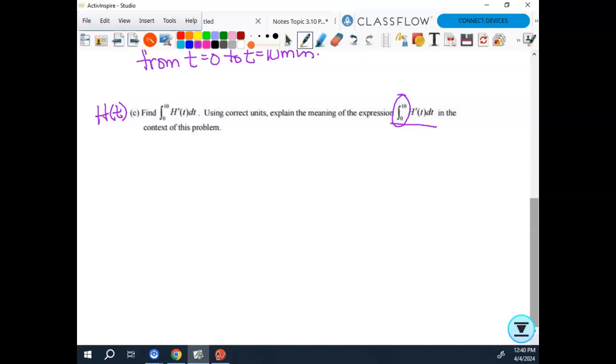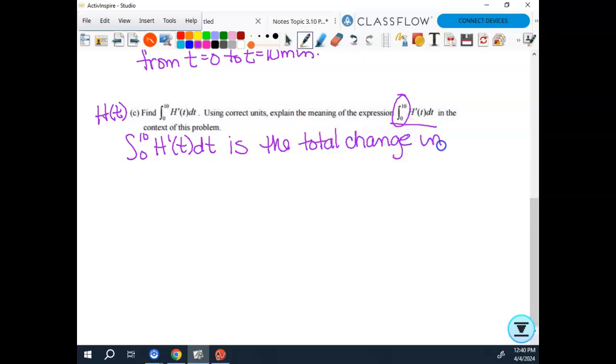Does that make sense? It's not just h of t. Okay, so what this means from 0 to 10, the integral of h prime of t dt is the total change in temperature from t equals 0 to t equals 10 minutes.